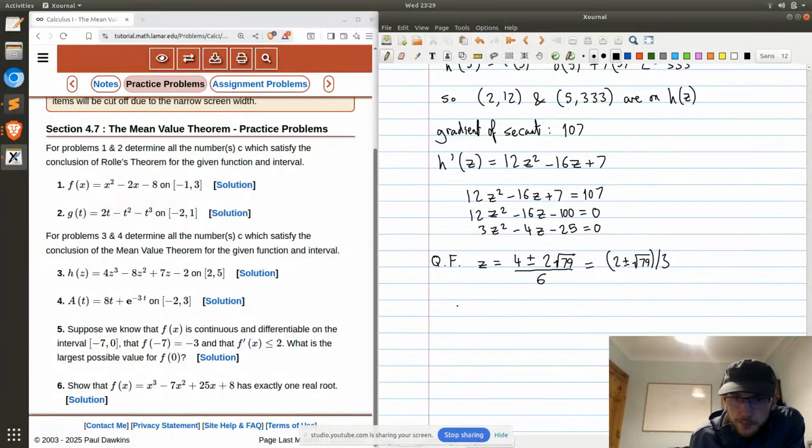That one is. 3.629. That's not in the interval, the other one is not in the interval. So I'm going to declare that.